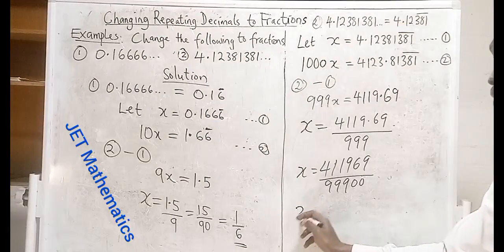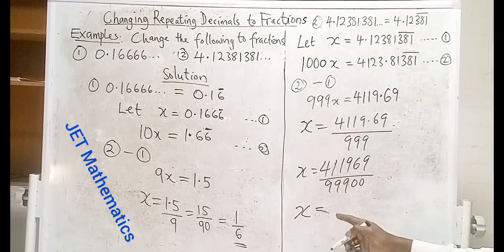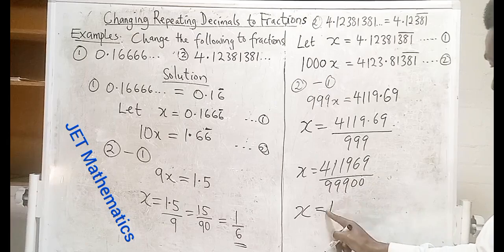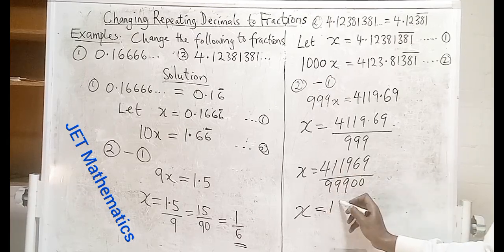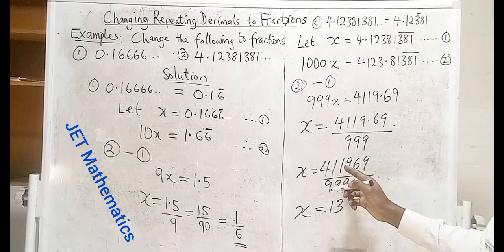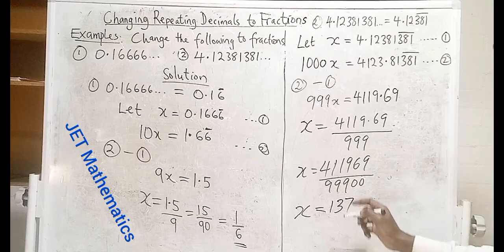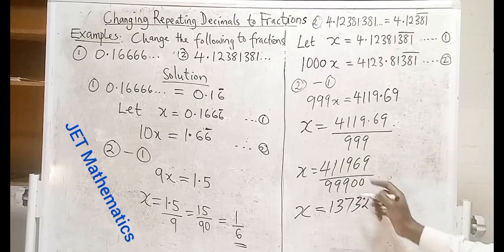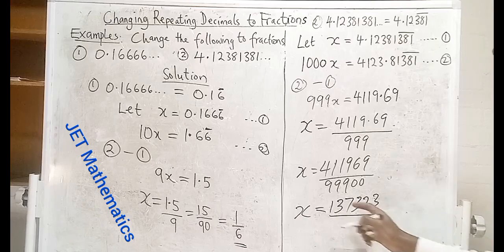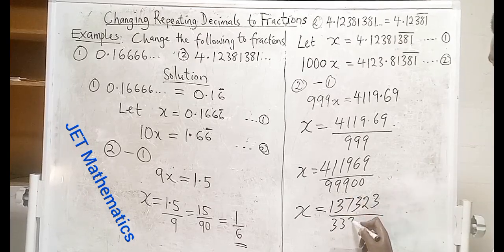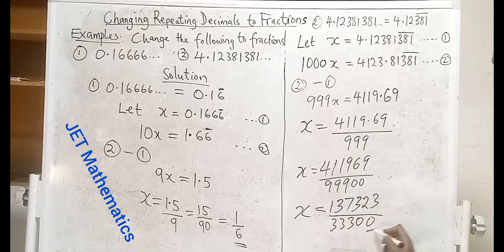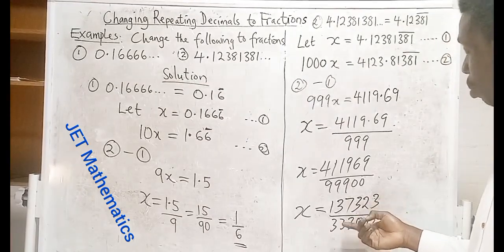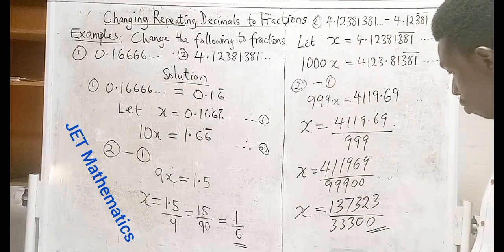Again, 3 can go into this number. Let's try. 3 here is 1, remainder 1, 3 there is 3, remainder 2, 3 here is 7, and so on, and the rest come out the same way. So this becomes our result. When you do this divided by this, you are going to get this value.